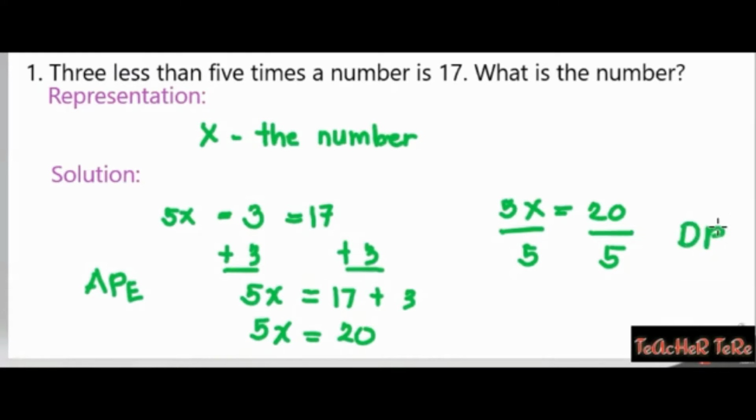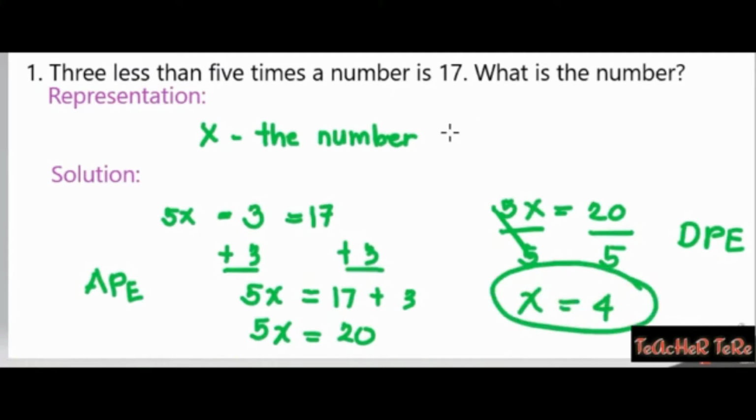This is what we call division property of equality. Whatever number you divided on the left, you divide it also in the right side. 5 divided by 5 is equal to 1. So I have 1x, which is equal to 4. There. 4, meaning the number is equal to 4. So that's our answer.